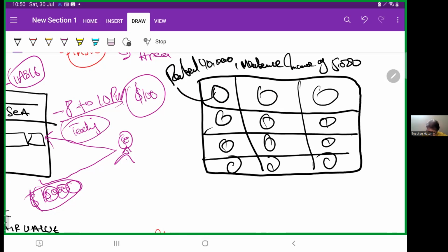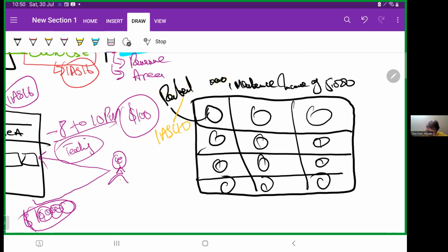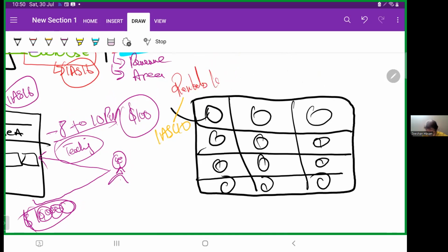Obviously, I'm getting more from the rental income, so I will apply IAS 40. But suppose the case is vice versa. It does happen specifically in malls that rentals are lower. For example, rentals are 10,000 and maintenance income is 50,000. Now, which standard to apply? In this case, we will apply IAS 16. Got it?